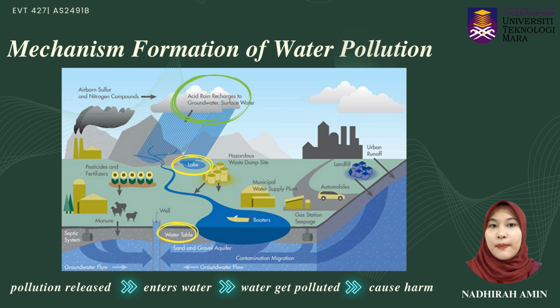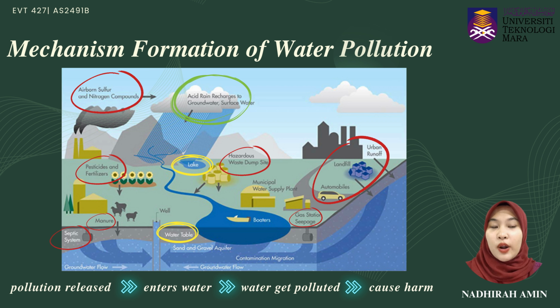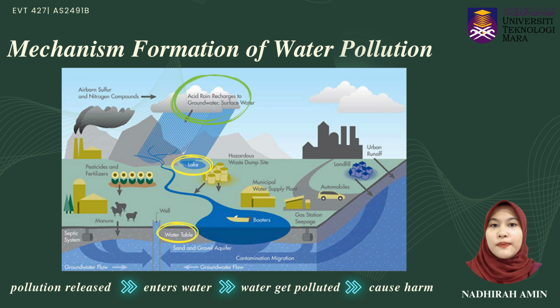Rainwater runoff carries chemicals and waste into rivers. Some pollutants seep into the ground and contaminate underground water. Finally, in the yellow skull, water becomes polluted. Toxins and waste mix with surface water and groundwater, reducing oxygen, harming aquatic life, and making water unsafe for humans. This polluted water may still reach homes through wells and water plants, putting public health at risk.